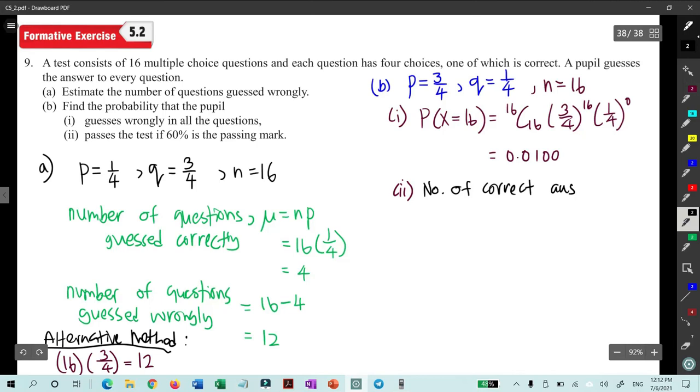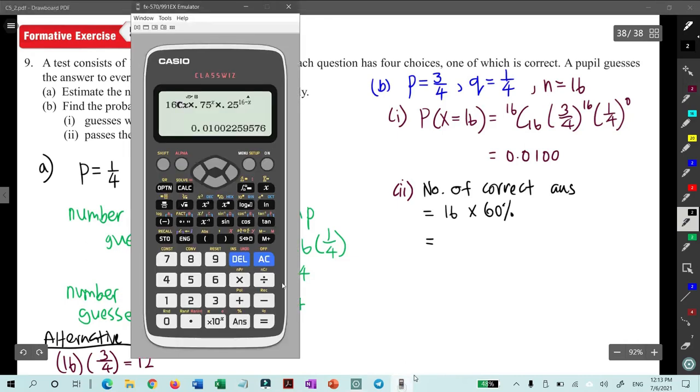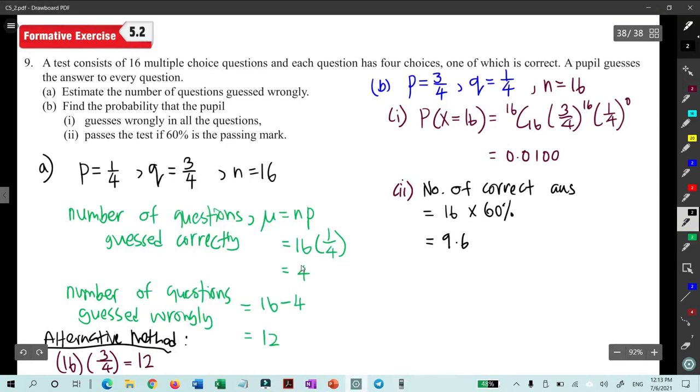So the number of correct answers equals 16 times 60 divided by 100, which is 9.6. So the number of correct answers must be at least 10.